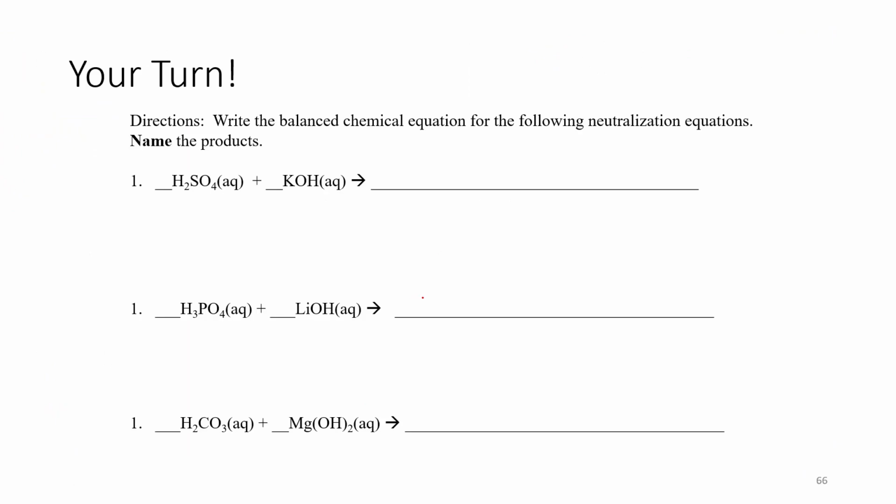So this became Li3PO4 plus H2O. And we're going to start with our phosphate family. So we have 1 phosphate, 1 phosphate. We have 1 lithium, 3 lithiums. So we're going to put a number 3 here.